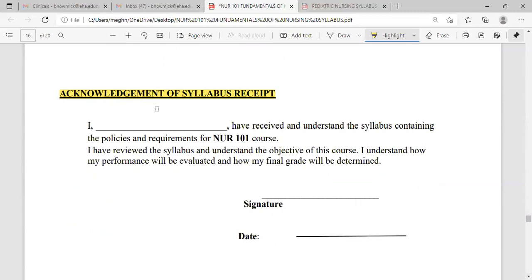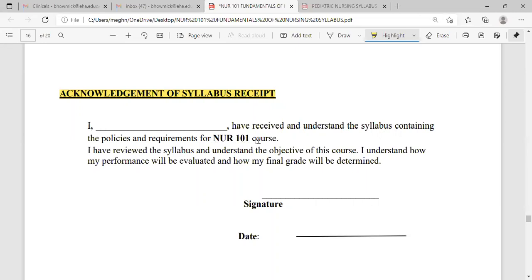So here we can say acknowledgement and syllabi. So you read it. Make sure you can understand each and every sentence line to line. Then you can write your name here. I received and understand the syllabi containing the policies and requirements for the fundamentals of nursing, subject code NU101.